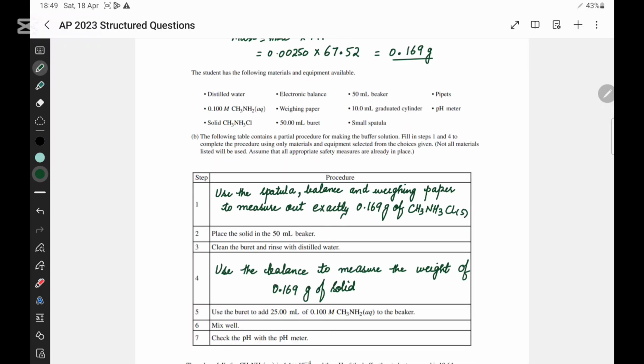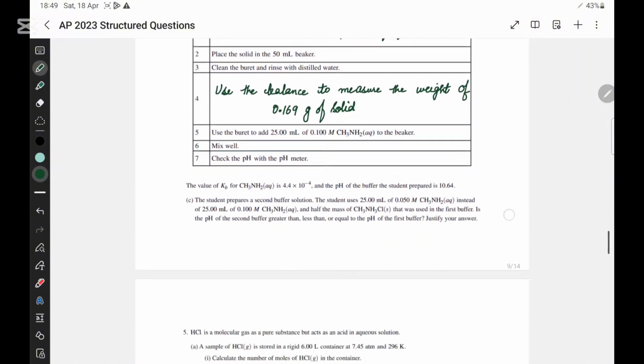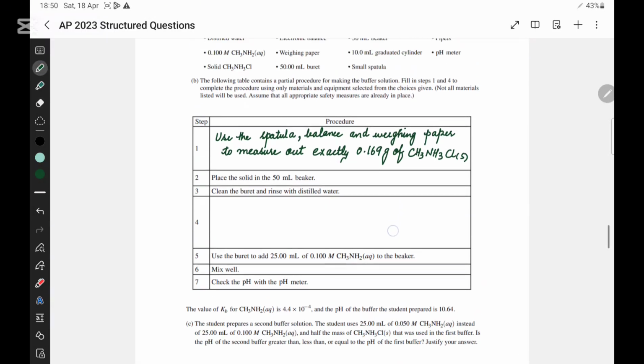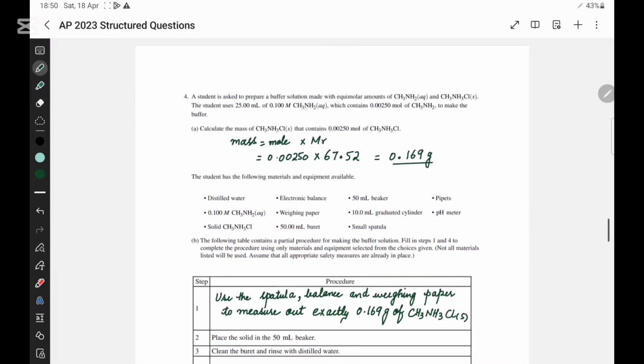So for the next process, you are going to use the balance to measure the weight of 0.169 gram of solid. Let's move further. Now in this part, you can write this exactly the same as in step 1, but for this step we are going to put the other solution, CH3NH2, in the burette.